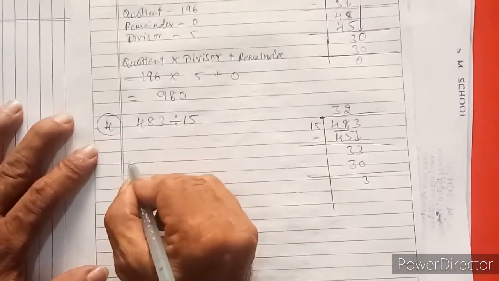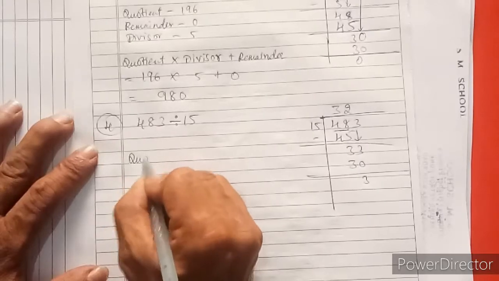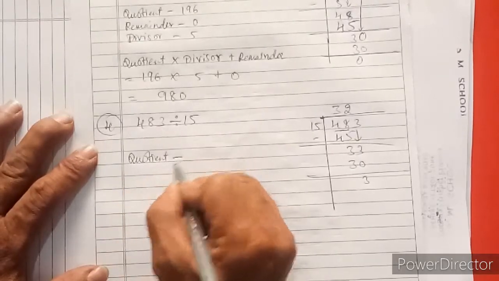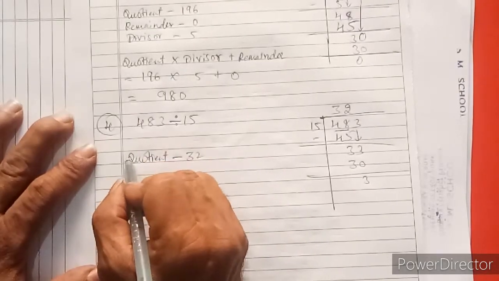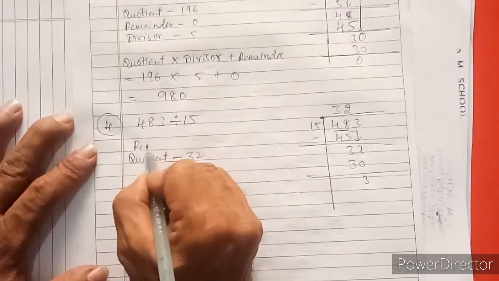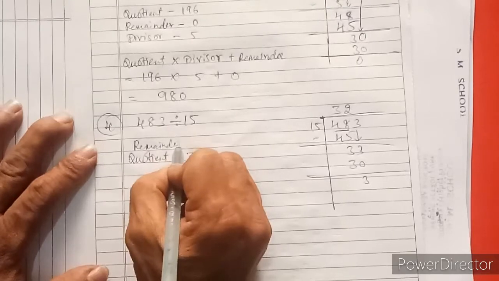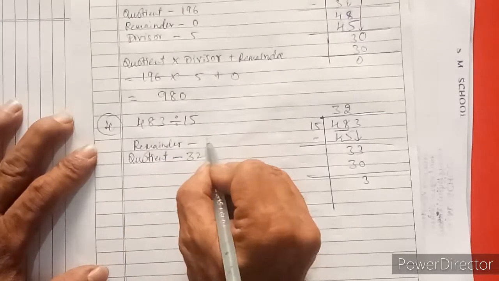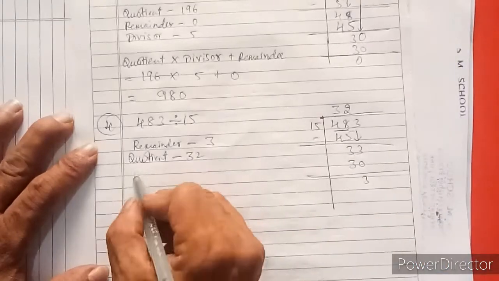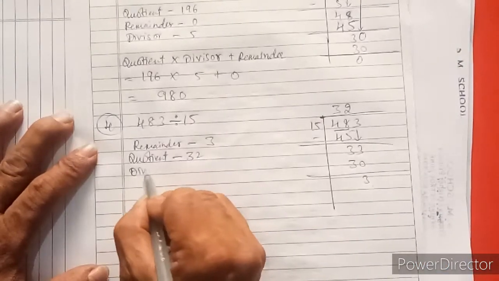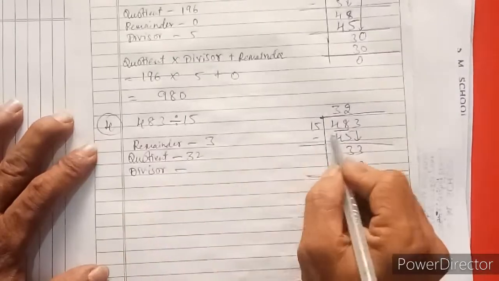So here, what is the quotient? 32. What is the remainder? The remainder is 3. See here, the remainder we got is 3. And what is the divisor? The divisor is 15.